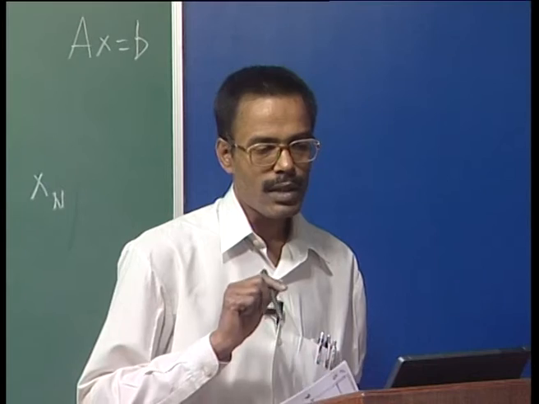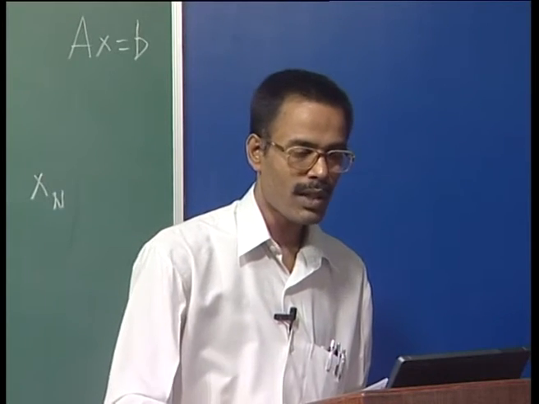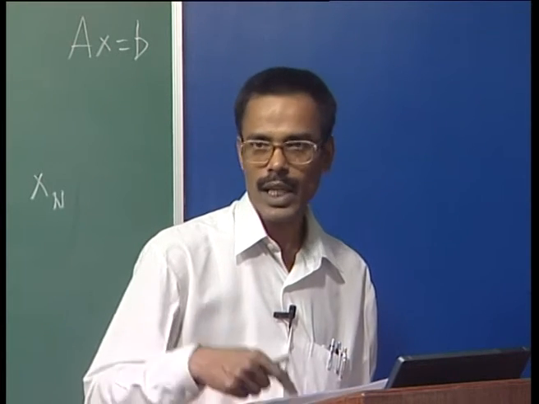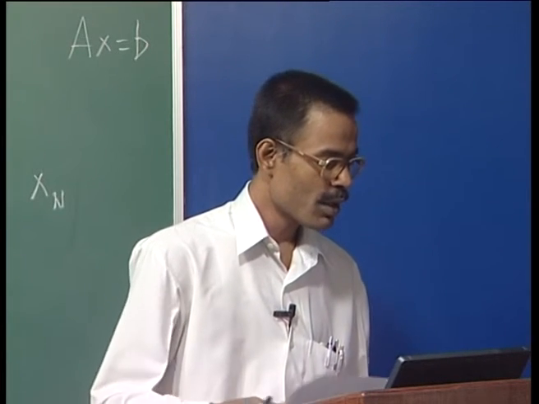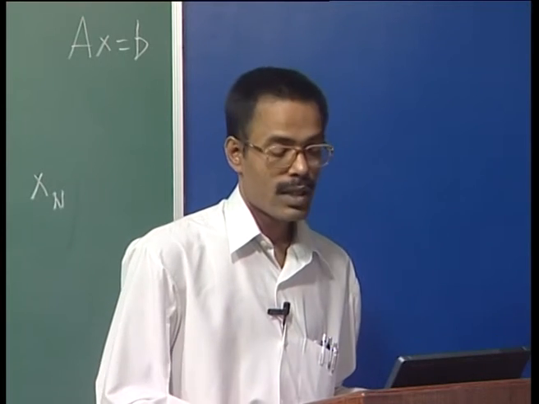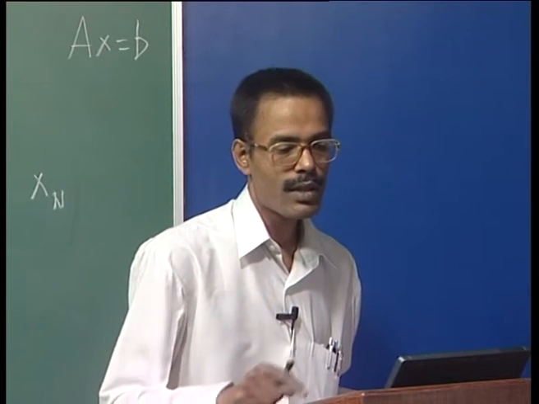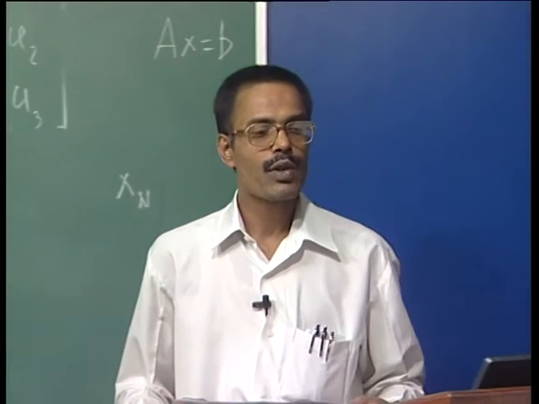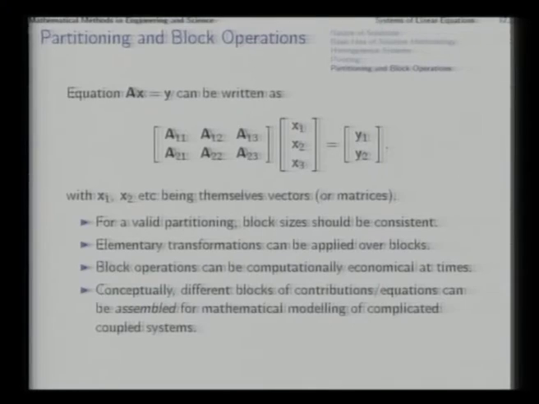In the current lecture one more small topic we need to discuss, which in later theoretical developments will be quite often encountered, and that is the issue of partitioning and block operations.